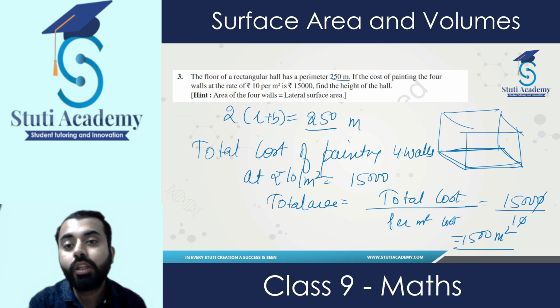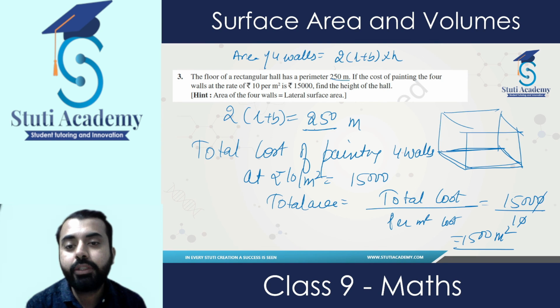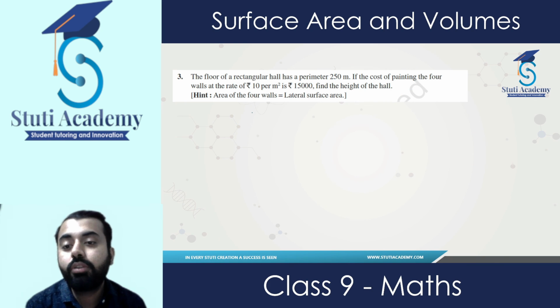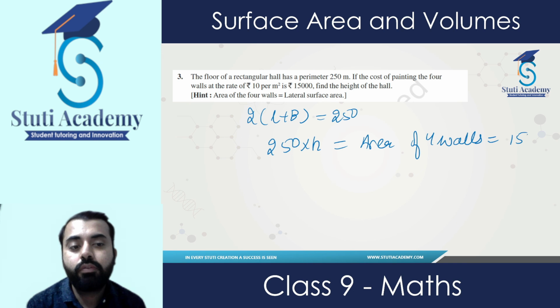Right? Now I know area of four walls is what? 2 into L plus B, that means perimeter of a rectangle, multiplied by the height. I know perimeter of rectangle is 2 into L plus B, which was 250, multiplied by H. The area of four walls, which was 1500.